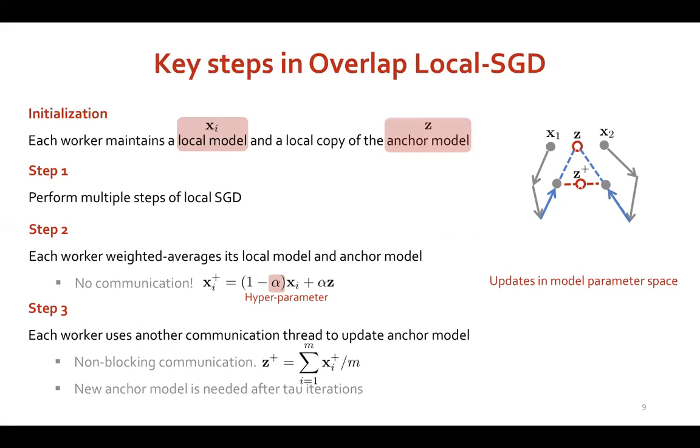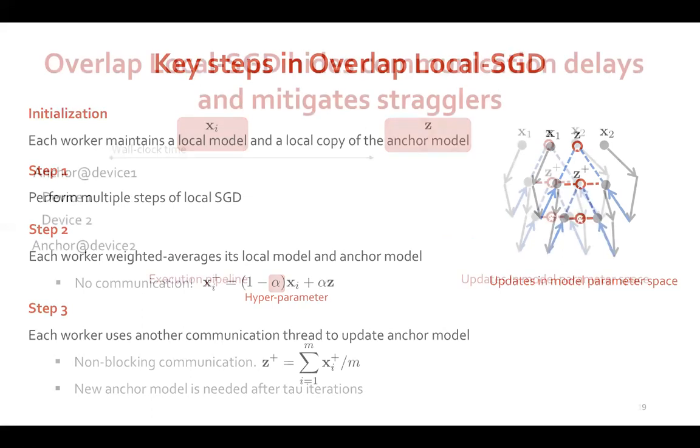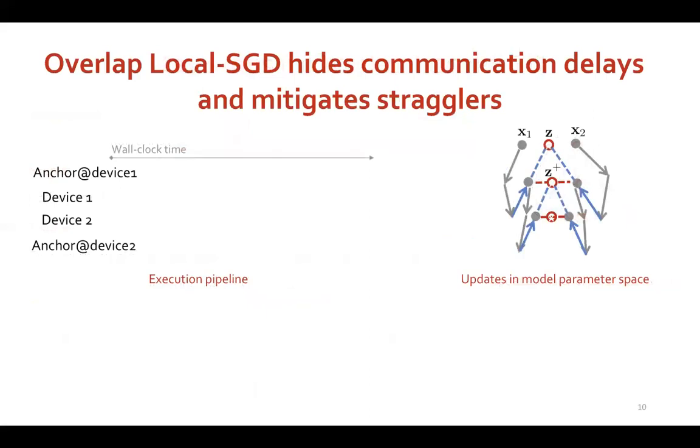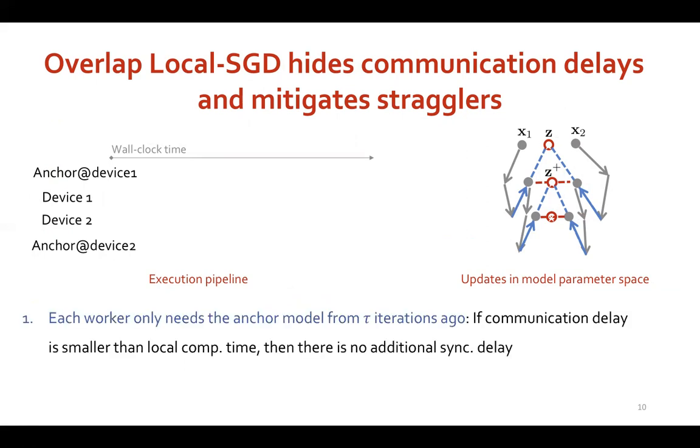So let's look at this in the execution pipeline picture to understand how exactly local update SGD is reducing the communication delay. In particular, it reduces delays in two different ways. Firstly, observe that each worker only needs the anchor model from tau iterations ago, because it's going to do tau local iterations and then pull back its model to the previous anchor.